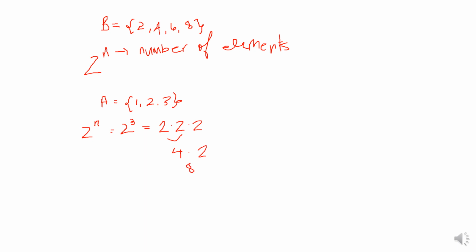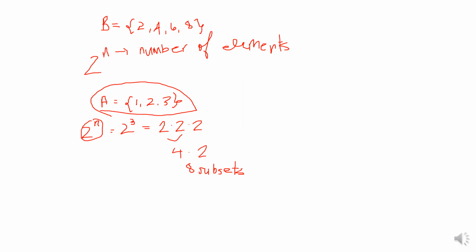Which is actually correct, because in our previous example, we found out that the number of subsets for set A is 8 subsets. And it is actually true. Even without writing or listing down all the subsets one by one, we can actually get the number of subsets by simply using the formula.